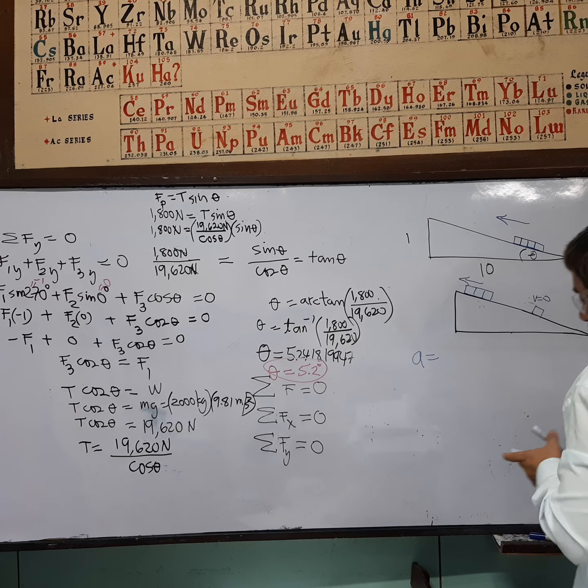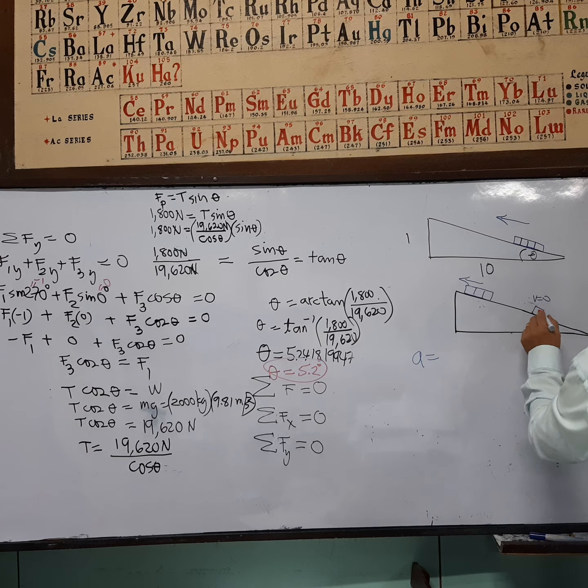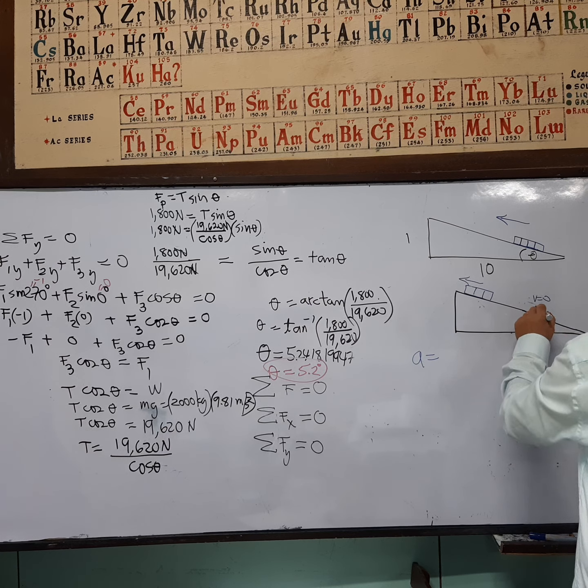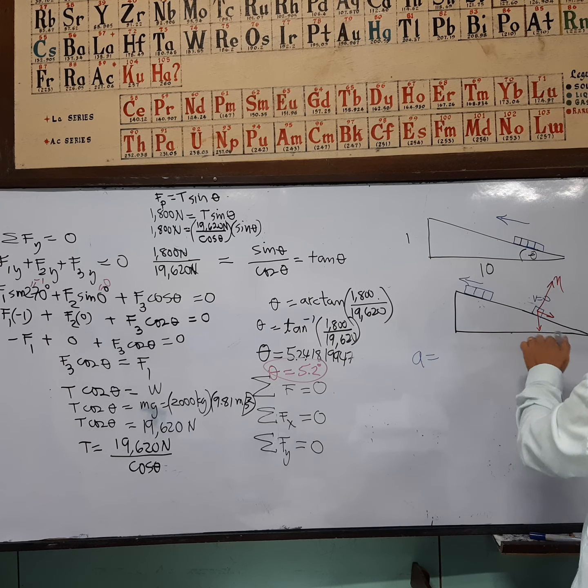Because there is a force that pulls here, and of course you have the normal force. This is the normal force, and the weight is here. The weight is always perpendicular to the surface of the earth. That's the weight.